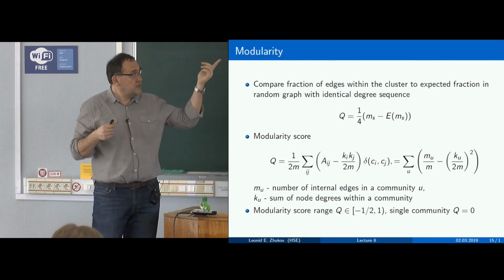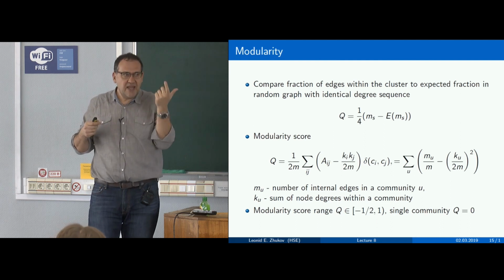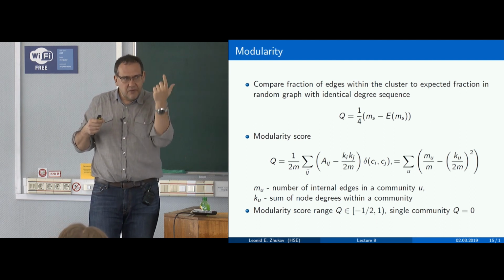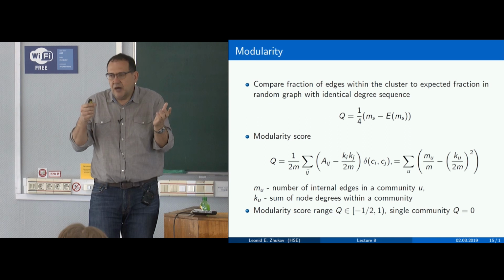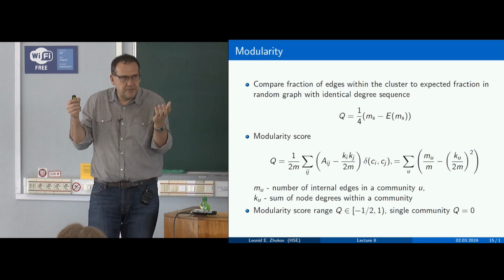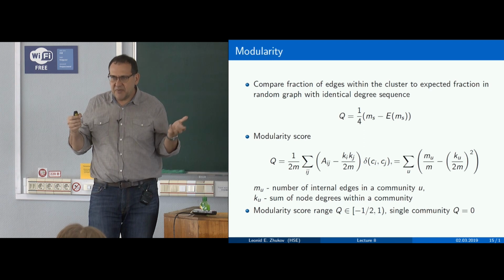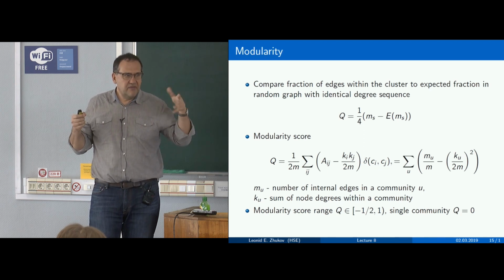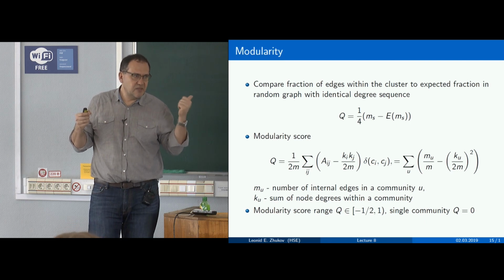And then, based on the same modularity score, calculate how many edges are between the nodes that belong to the same community, and how many edges are between the nodes that belong to different communities. So it is exactly the same story as for assortative mixing, except now the property means belonging to the same community.